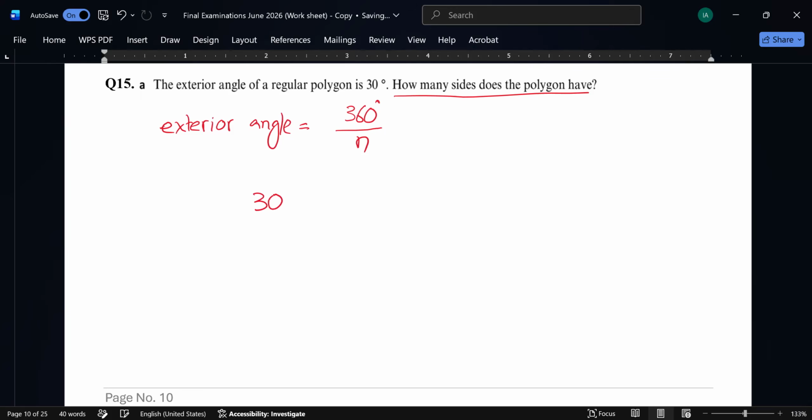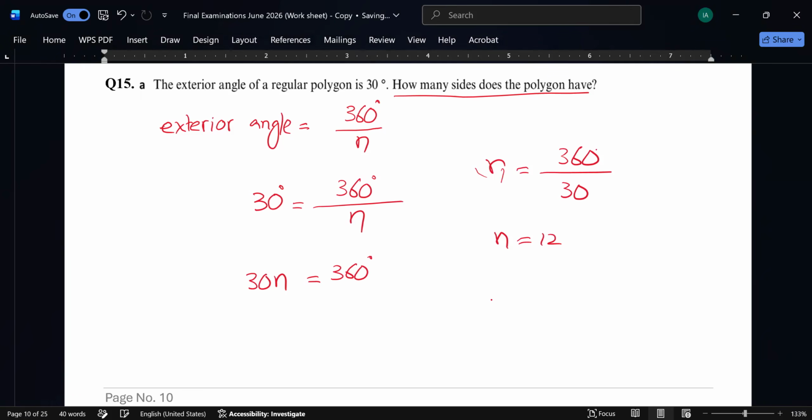So we write 30 degrees here, and this is 360 divided by n. It's going to be 30n equal to 360. For n, it's going to be 360 divided by 30, and that is 12, which means in this polygon there are 12 sides.